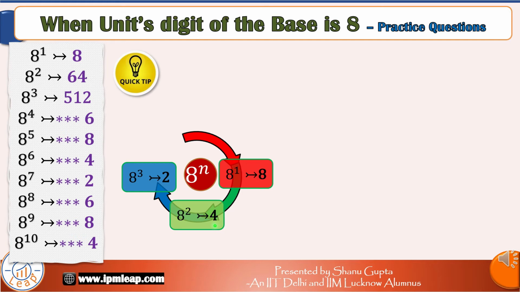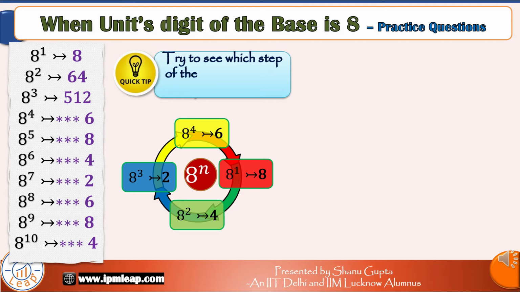The unit digit is 2. And at the fourth step, the unit digit will be same as that of 8 raised power 4, which is the same as that of 2 into 8. So it will be 6. A reminder, the fourth step of this cycle is when the power is a multiple of 4 and is exactly divisible by 4.